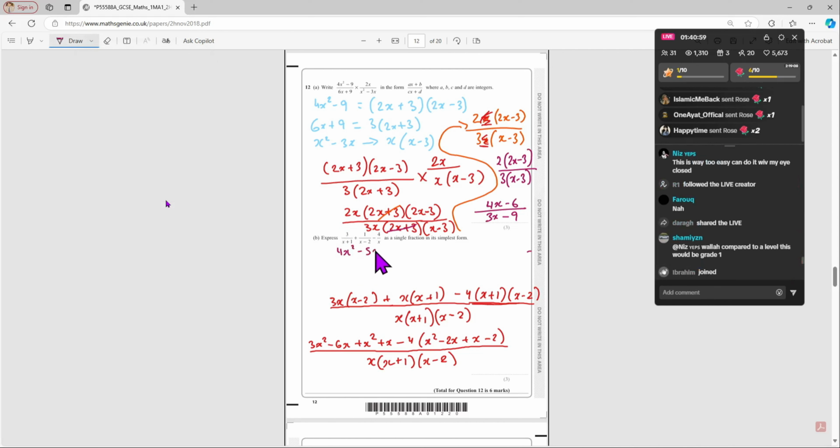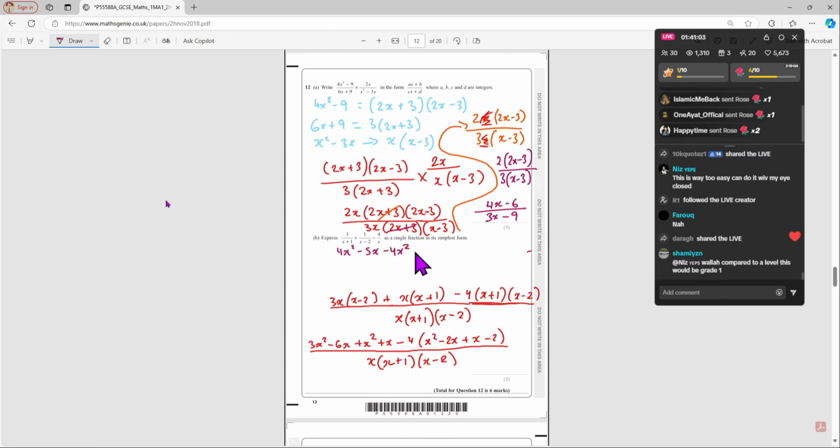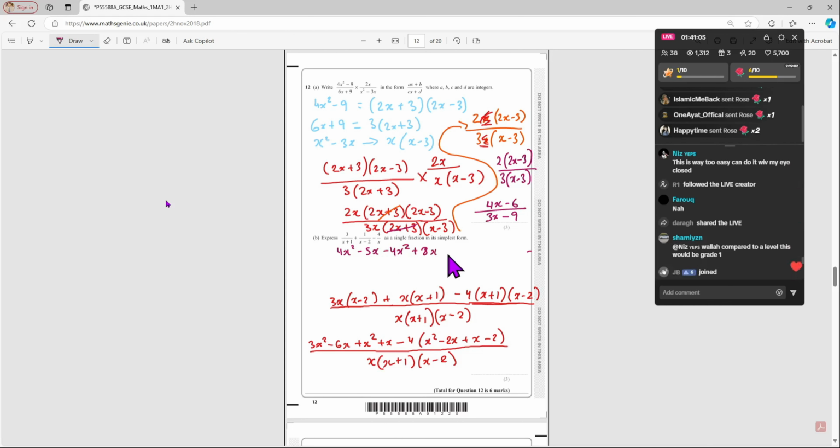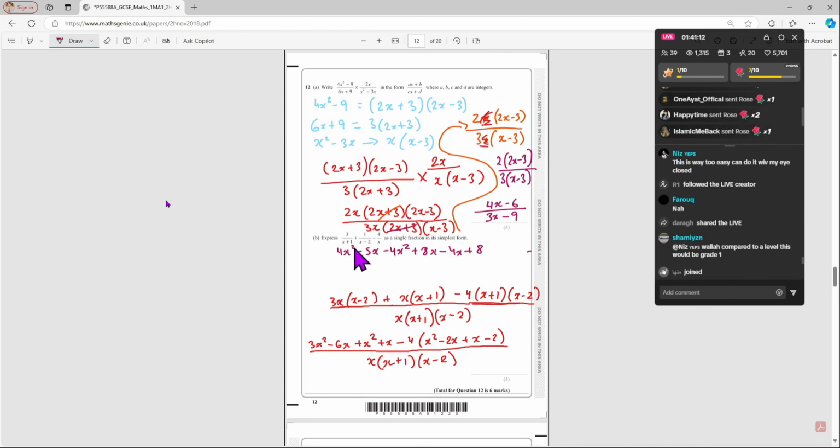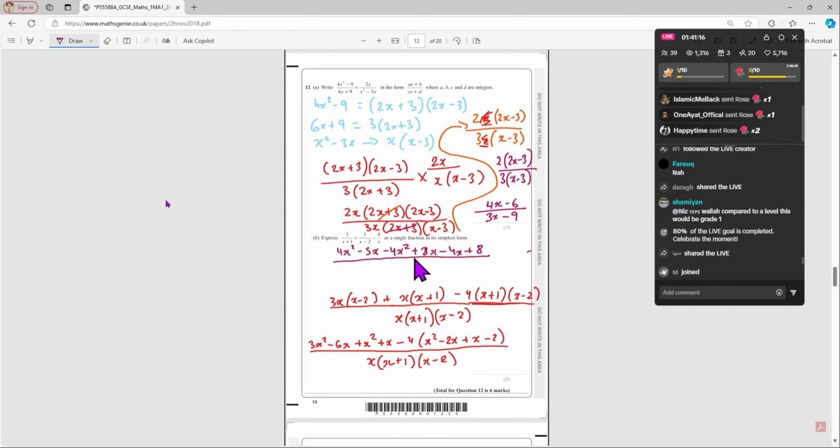So simplify everything. It can't be that hard. Minus 4x squared plus 8x, minus 4x plus 8, over that same denominator, which was x plus 1, x minus 2.